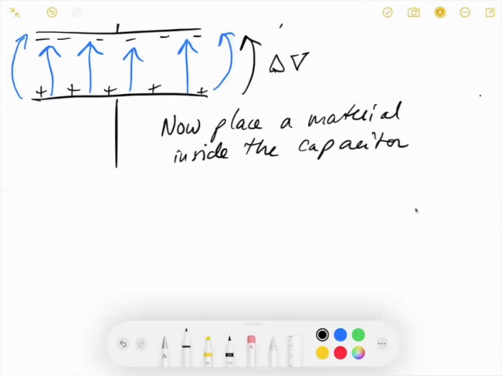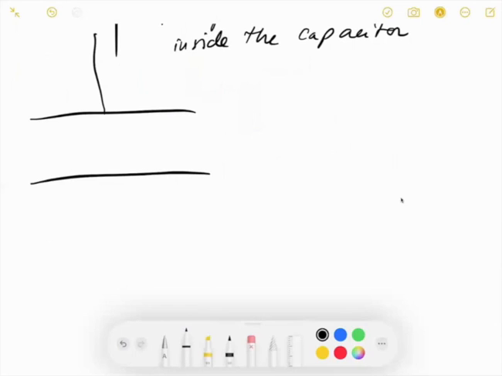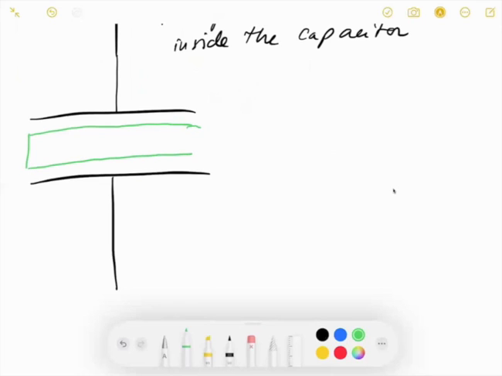All right, so we'll have the same plates, and the material we're going to put is going to be in here, and we're not filling the entire region, meaning we're not going to go all the way up to the plates, but that is just to make our discussion a little easier.